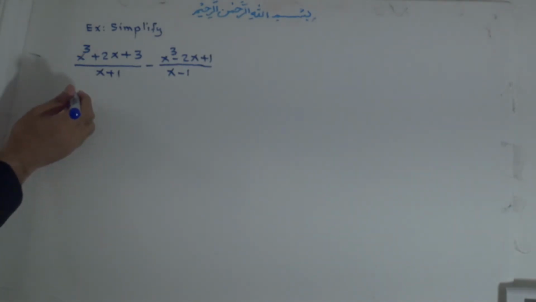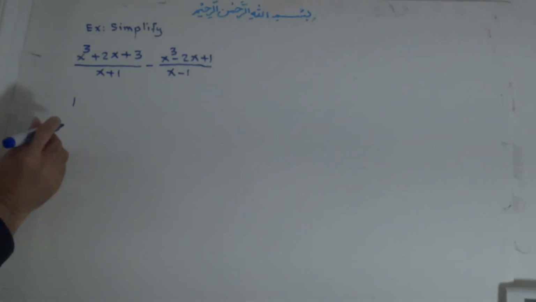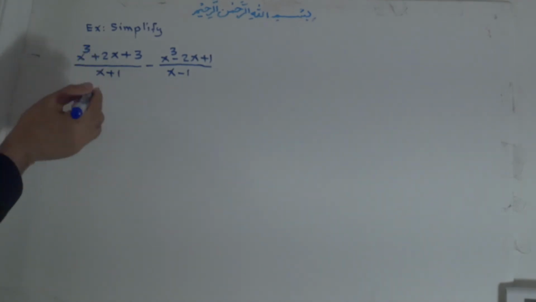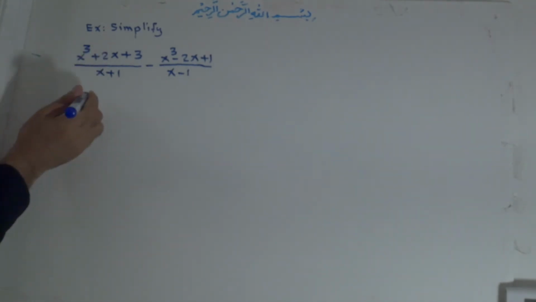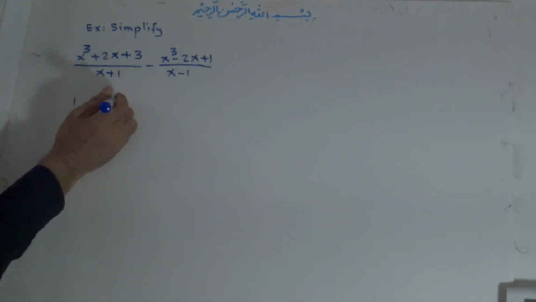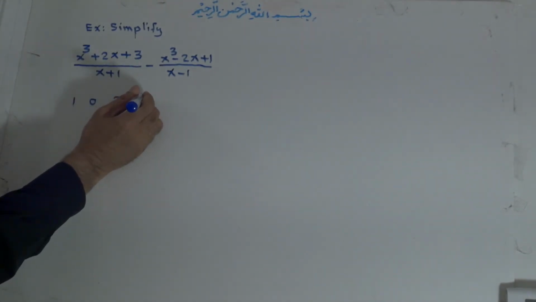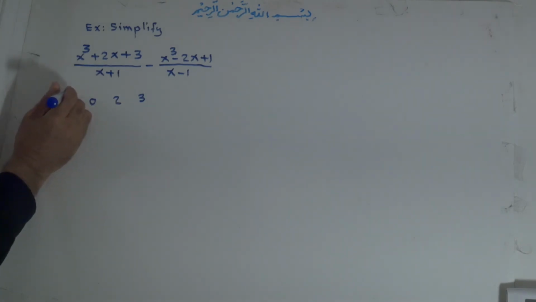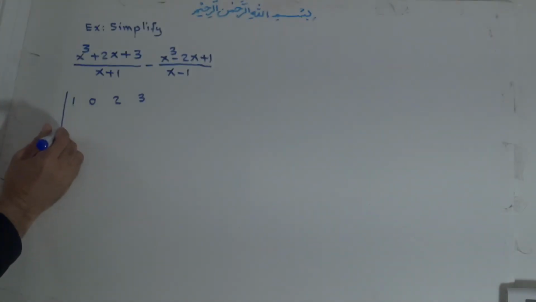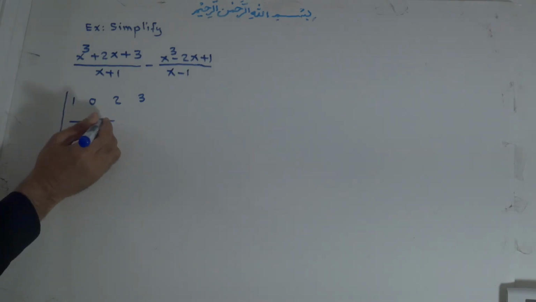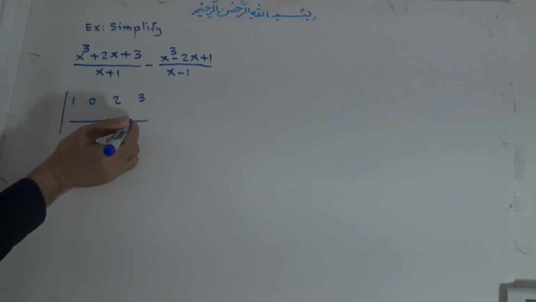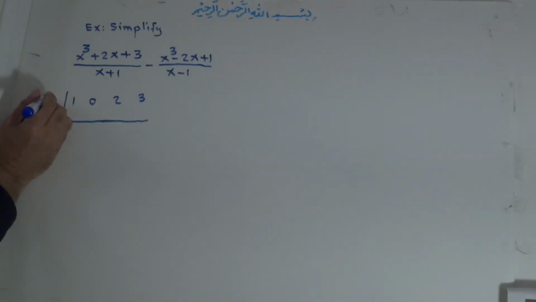now we put coefficients. The coefficient of x to the power of 3 is 1. The coefficient of x to the power of 2 is 0. The coefficient of x to the power of 1 is 2, and the constant is 3. Now we draw a line here, and we write here this one with the opposite sign.